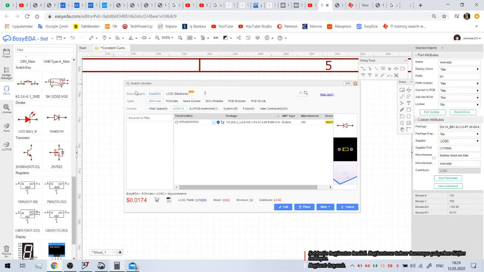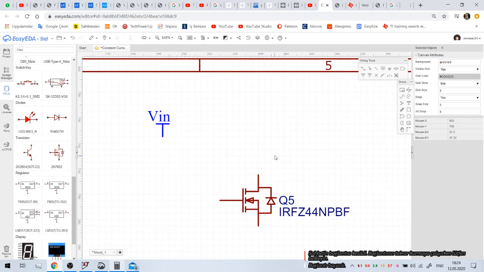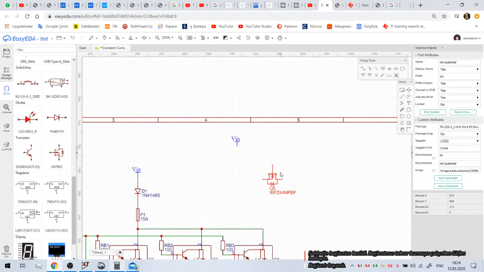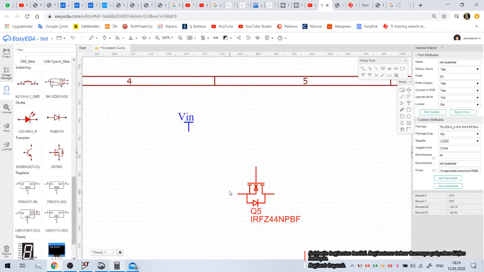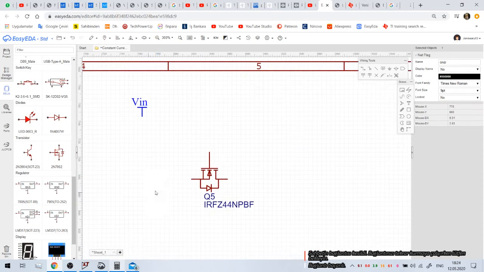Yes, IRF 44N. I think it is not a great MOSFET, but it works. It has lower resistance, so it has lower voltage drop than a diode, and we can use it in this example. I think how we can use this will be in our circuit.